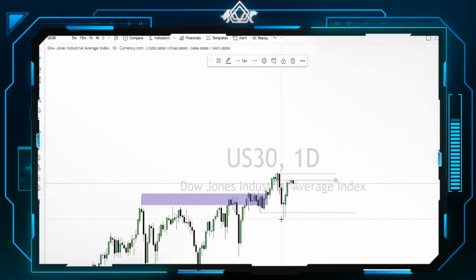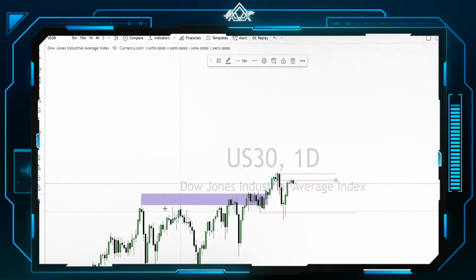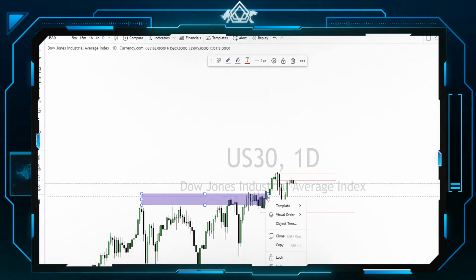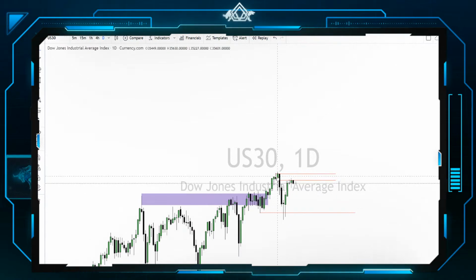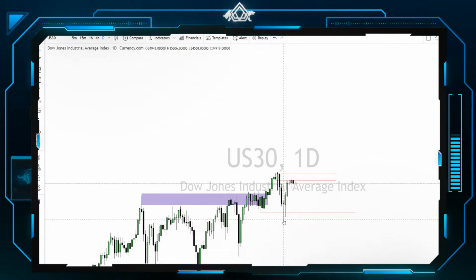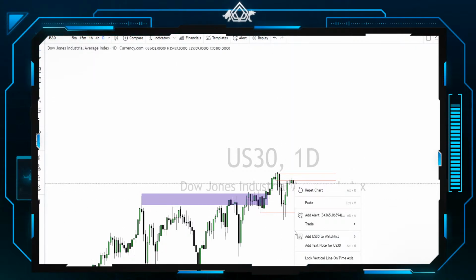And what I expect is, as we have broken structure here and we have had a liquidity, we can say that this here was the bullish intention that was shown. Okay, here they gave us a hint, and that hint could potentially be that the market right now can make a lower low.